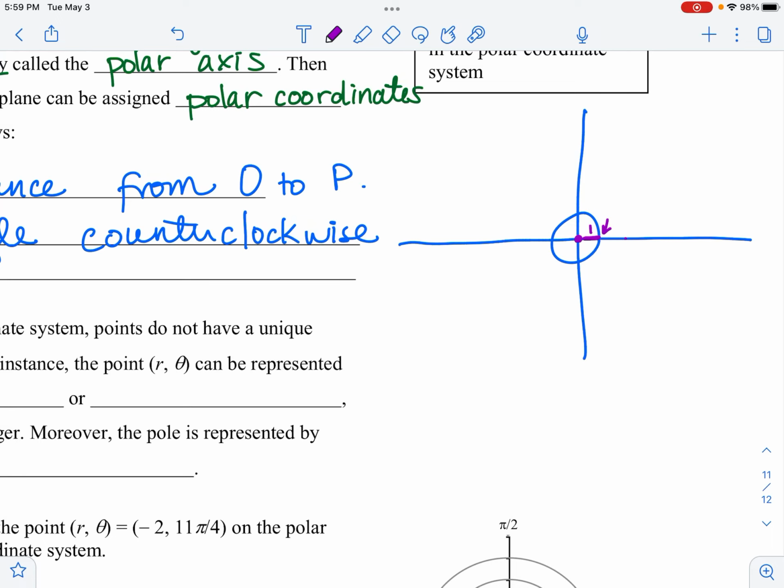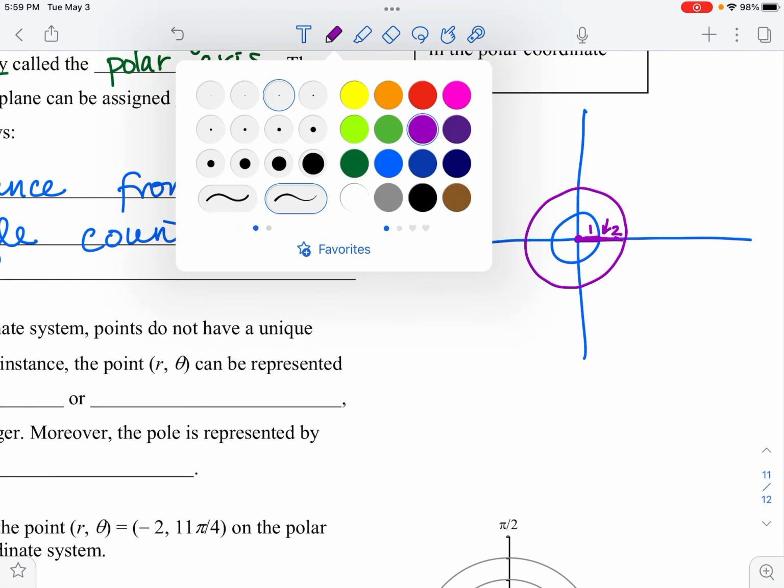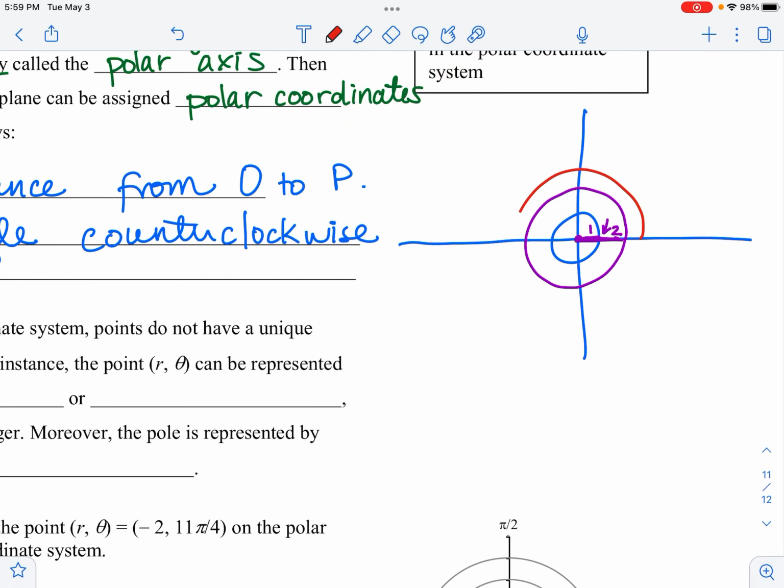The second one we'd call a radius of 2, which would be r equals 2 away from the pole. This next one we'd call a radius of 3, which would be an r of 3 from the pole as well. And we use an angle to kind of calculate where this might be.